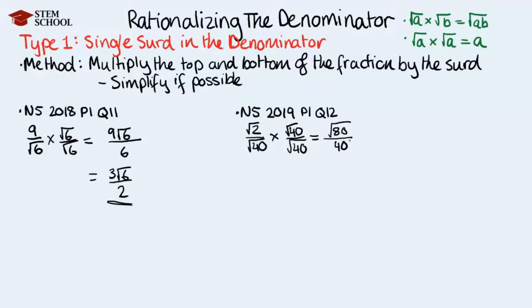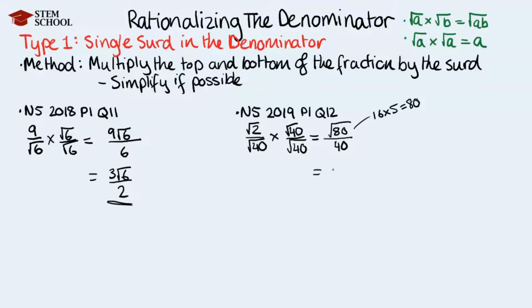Now, we have to simplify this. We've got a big number in the surd, so it implies we need to simplify the surd, right? So we ask ourselves, what square number multiplied by any other number makes a number in the square root? So I know the square number of 16 can be used, and 16 times 5 is equal to 80. So we can replace root 80 in this with the rule 1 form.